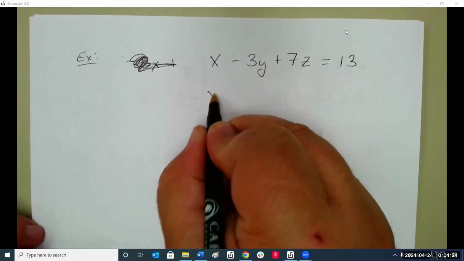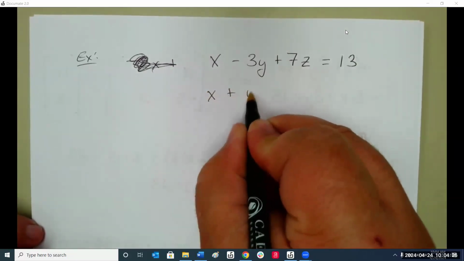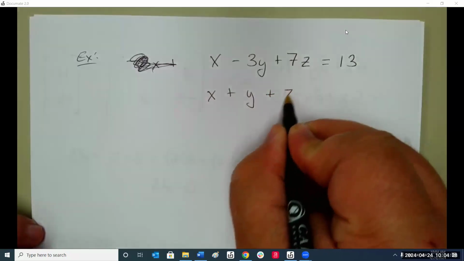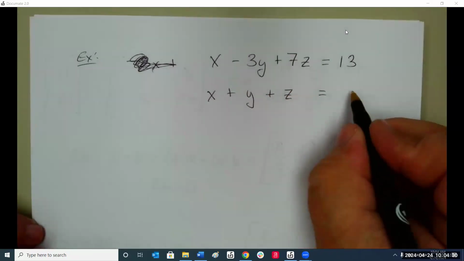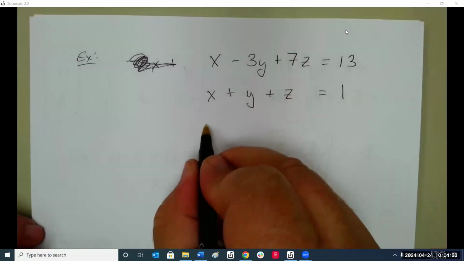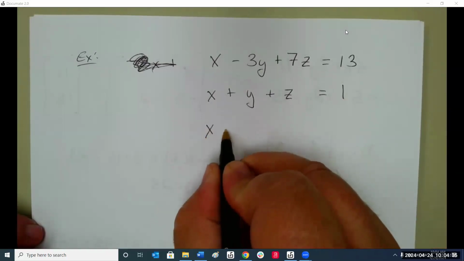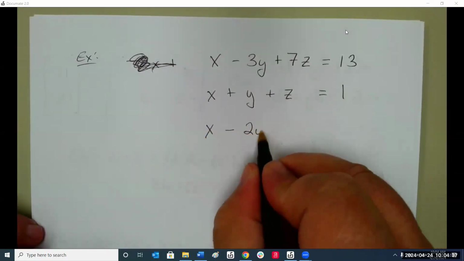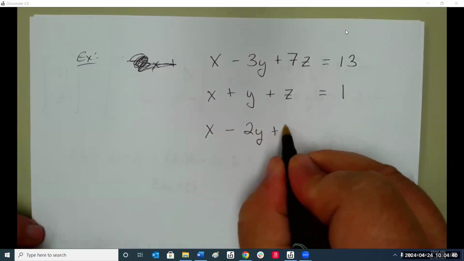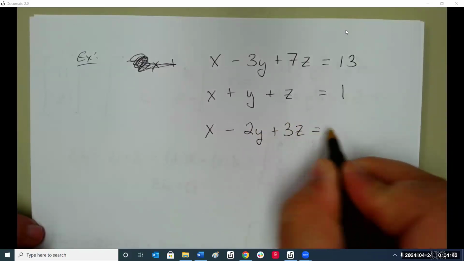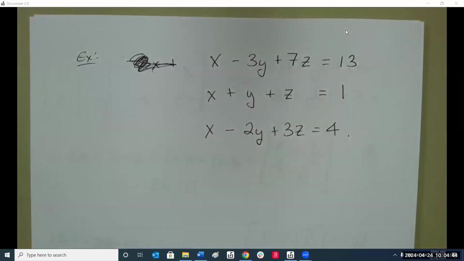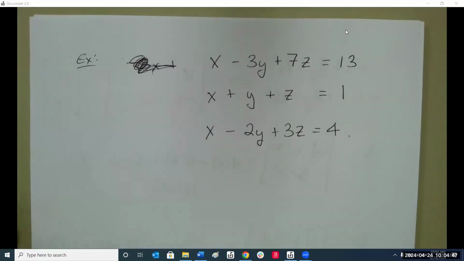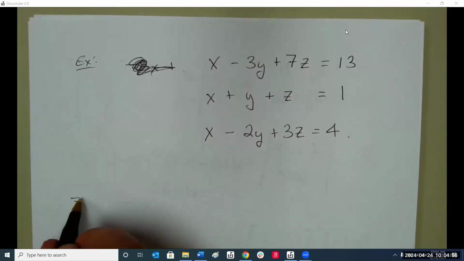The second equation is x plus y plus z equals 1. And the last one is x minus 2y plus 3z equals 4. So the concept is still the same. We have to set up the matrix.